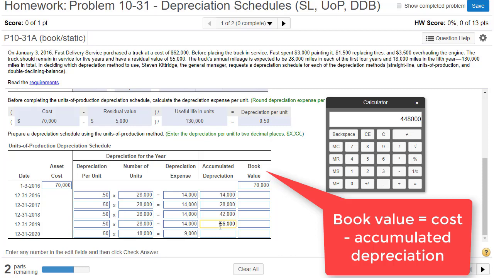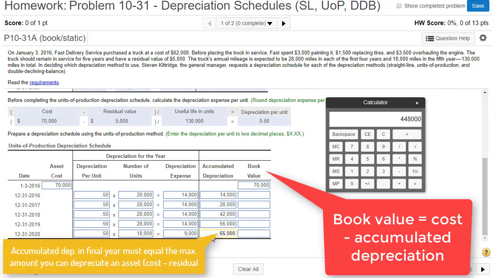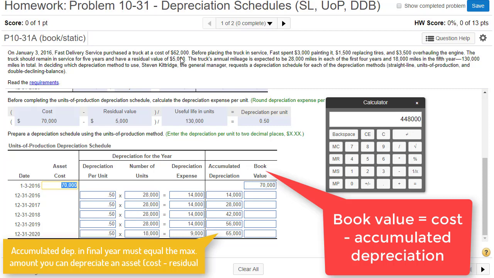And then the last year, we have 56,000 plus the last year's 9,000, gives us 65,000. And the accumulated depreciation in the last year should equal the depreciable amount. The depreciable amount, again, is the asset's cost, 70,000, minus the truck's residual value.